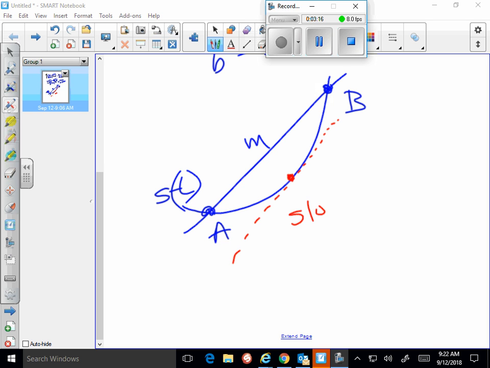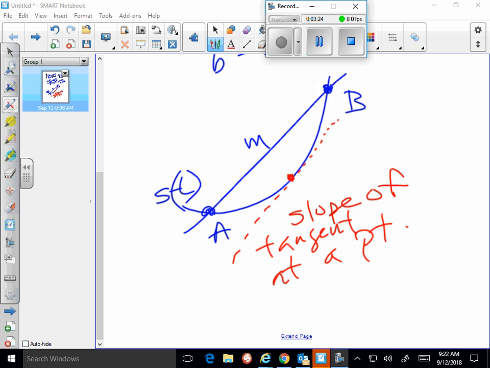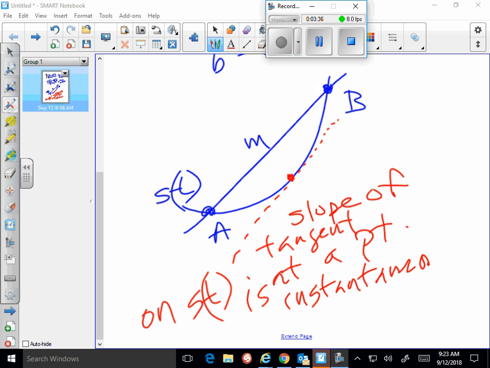So the slope of the tangent at a point on S of t is instantaneous velocity. Okay. Yeah, please. Is that tangent at all related to sine over cosine tangent?